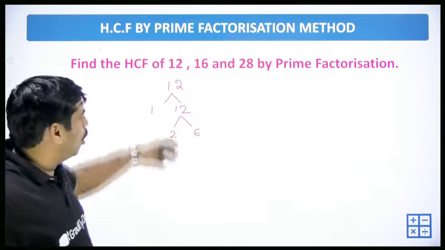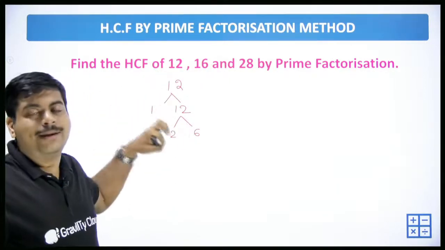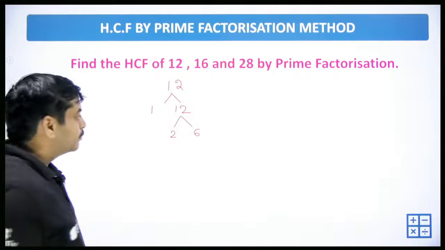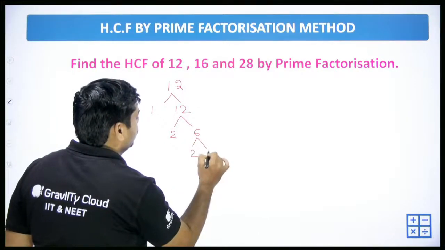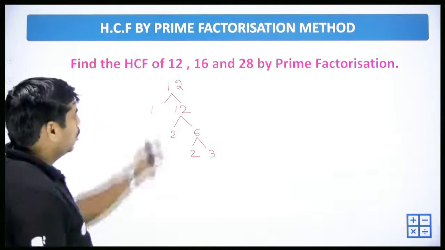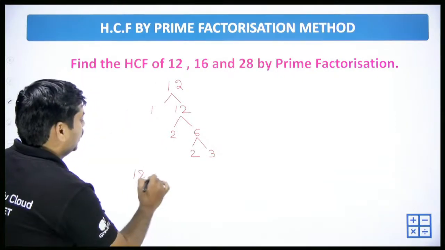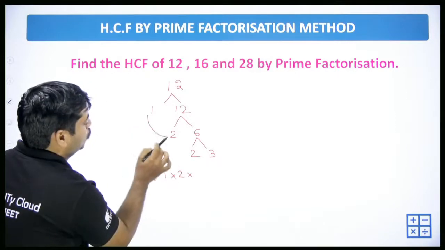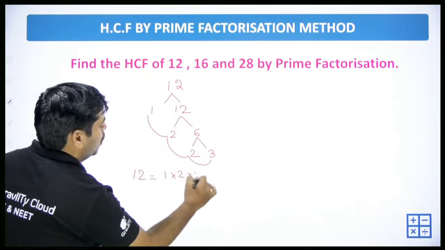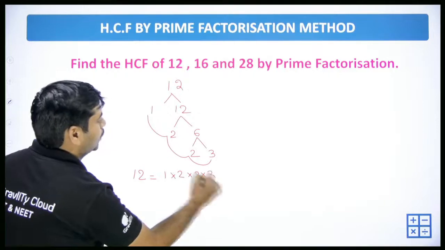We need to write all the factors such that we get prime numbers at the end. And for this number 6, we go with 2 into 3. So for the number 12, we can write 1 into 2 into 2 into 3.